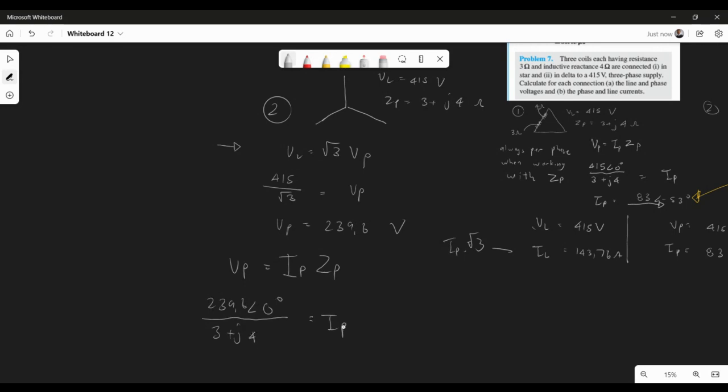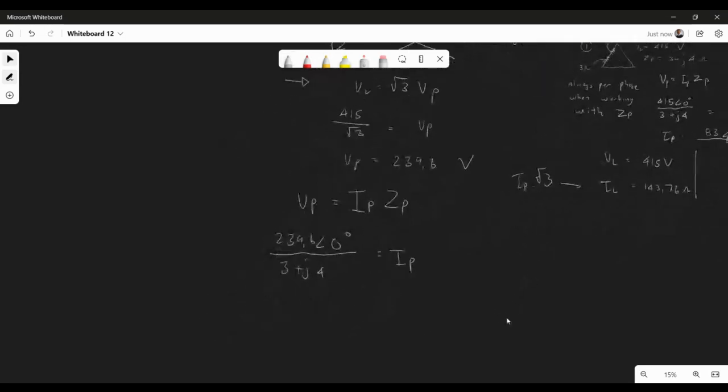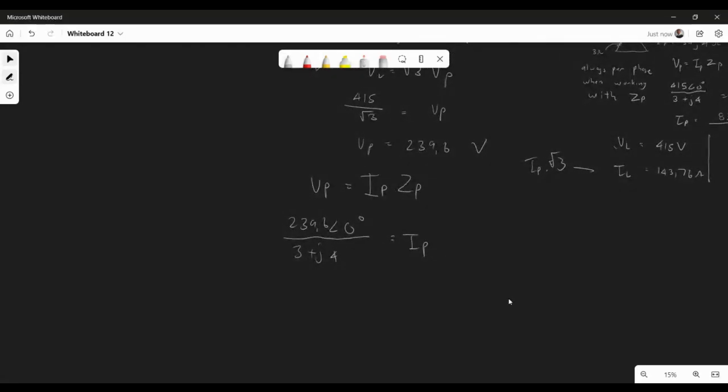So I phase is 239.6 at 0 degrees divided by 3 plus j4, and you should get an answer of 47.92 at minus 53.13.